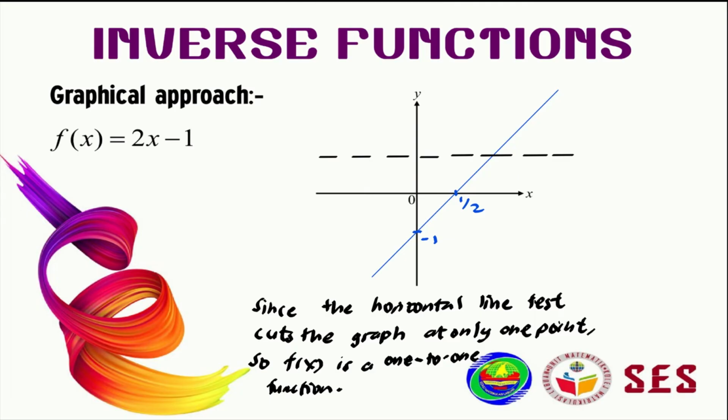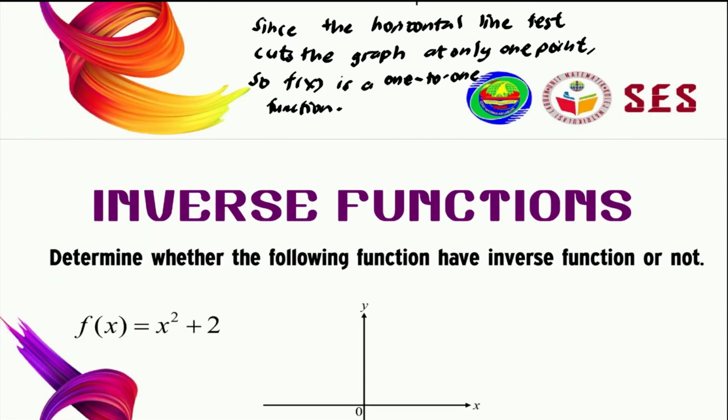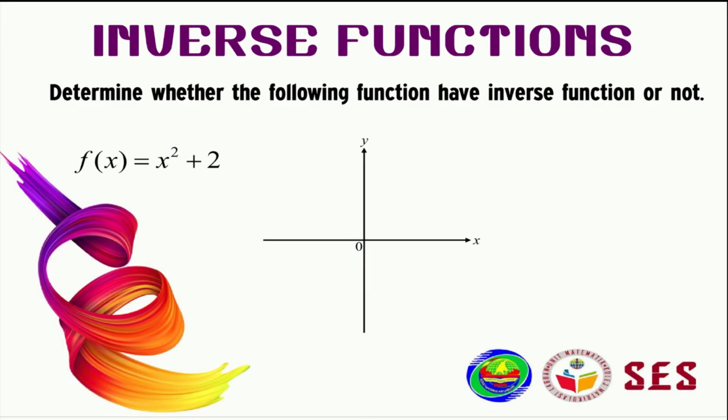Let us proceed to the next example. Suppose we need to determine whether the function x squared plus 2 has an inverse function or not. There is no instruction to use algebraic or graphical approaches, so let us choose the graphical approach.